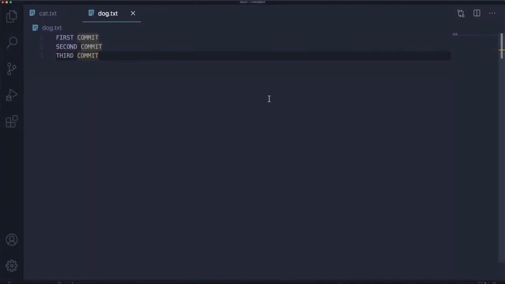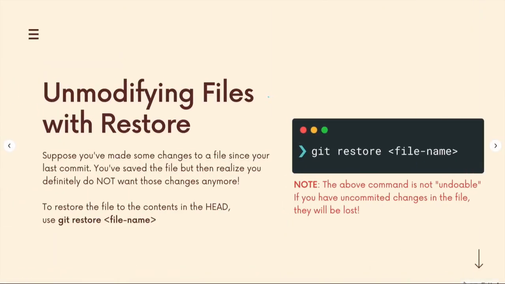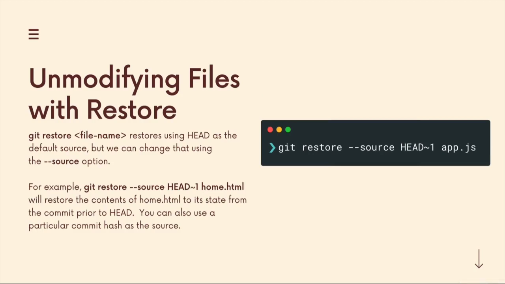And then the other thing we can do is actually reference a particular commit and go back, so I could restore the contents of my dog file or my cat file or whatever I want to what it looked like 2 commits ago. So I'll show you that. This is why I said it's kind of clunky. We have to use the --source option. So git restore, and then we specify a source.